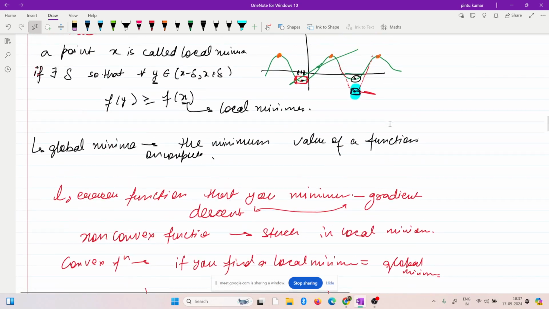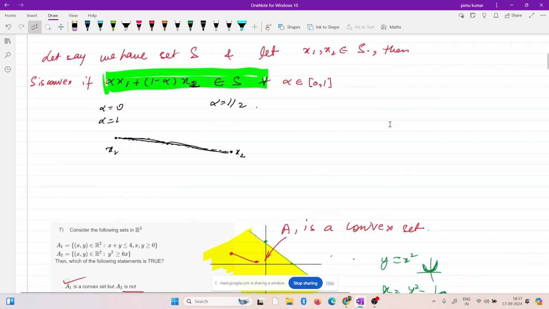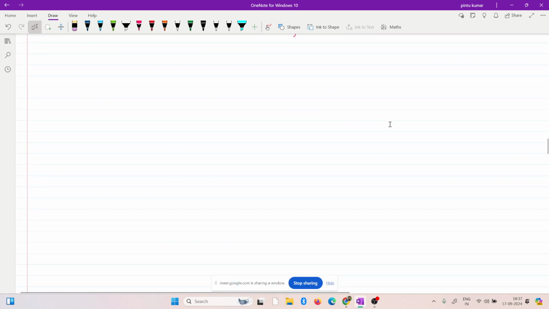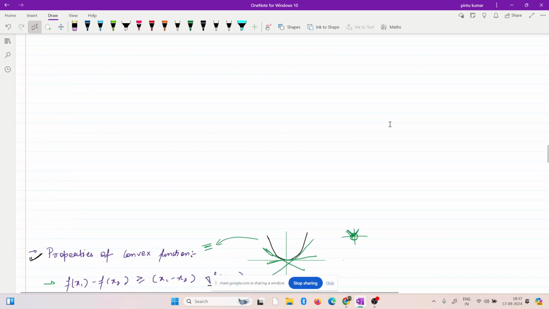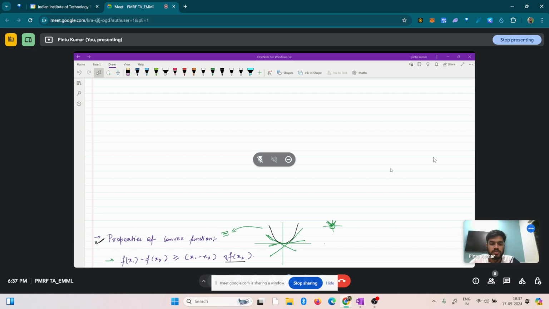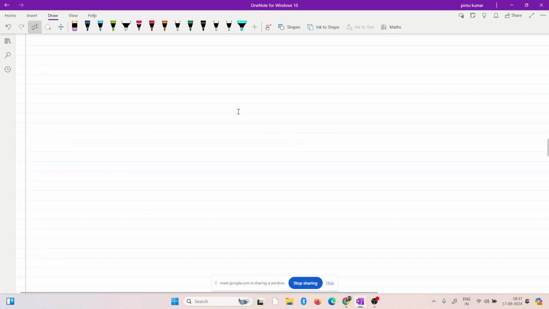Any doubt related to convex function, the three characterizations that we have done, convex sets? If there is no doubt, I'll proceed. I'll solve some questions based on this.